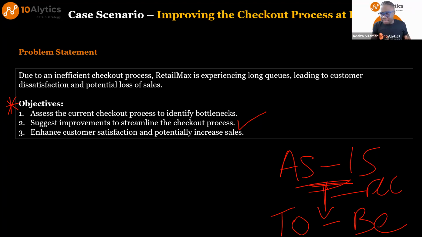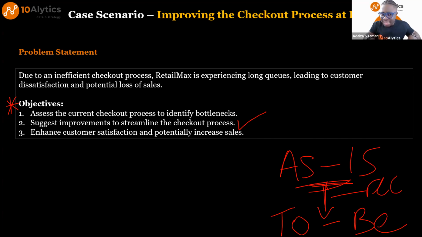If this is the current process as-is, these are the gaps. Number one, inefficient long queues. Number two, we have traditional systems that are slow. Number three, we don't have IT support in case we have technology issues, and so on and so forth.